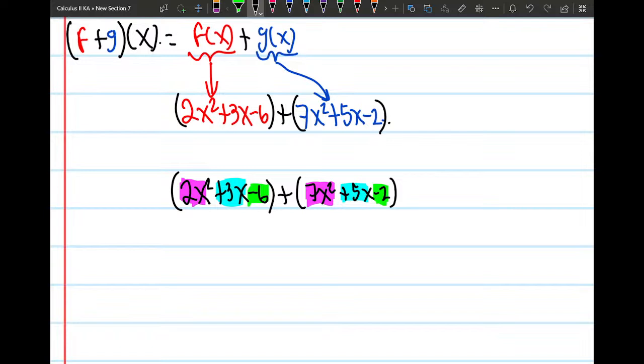So really this becomes 2x squared plus 7x squared plus 3x plus 5x minus 6 minus 2. So again, I'm just going to get in here and show you guys very clearly what I'm doing.